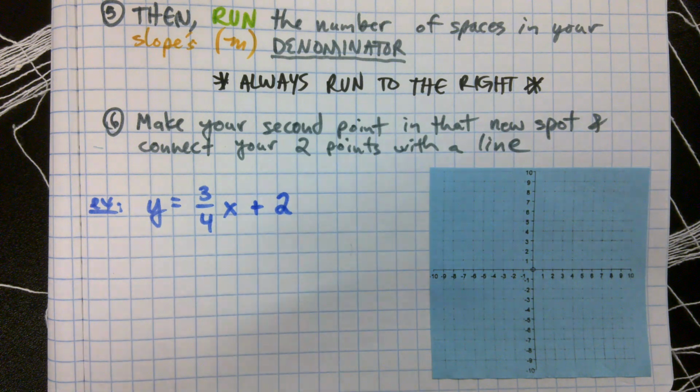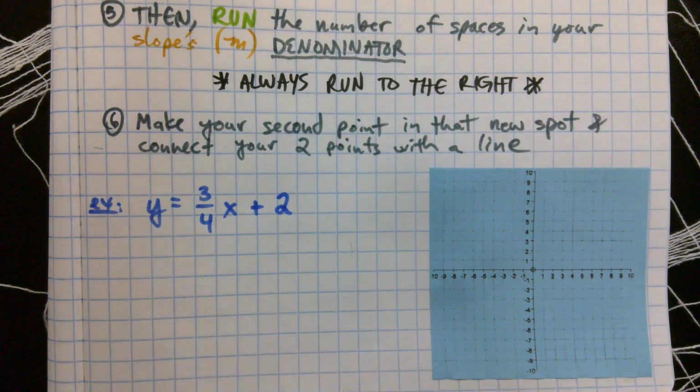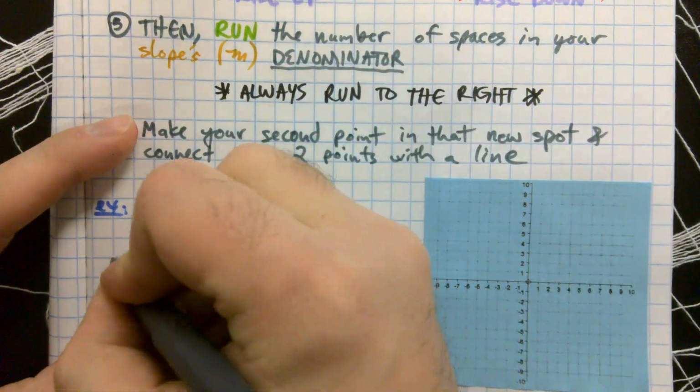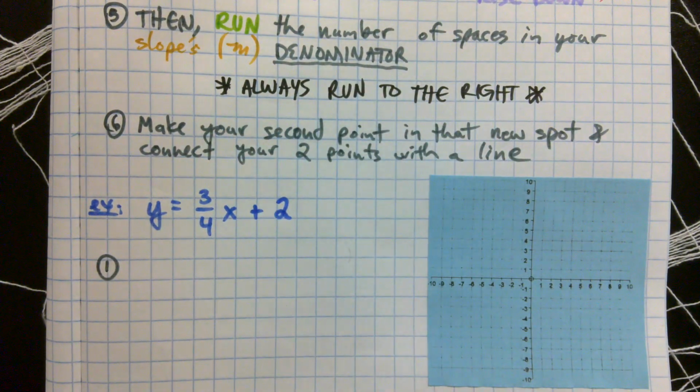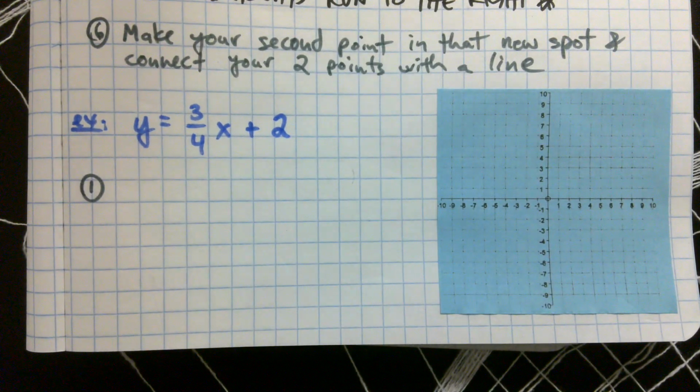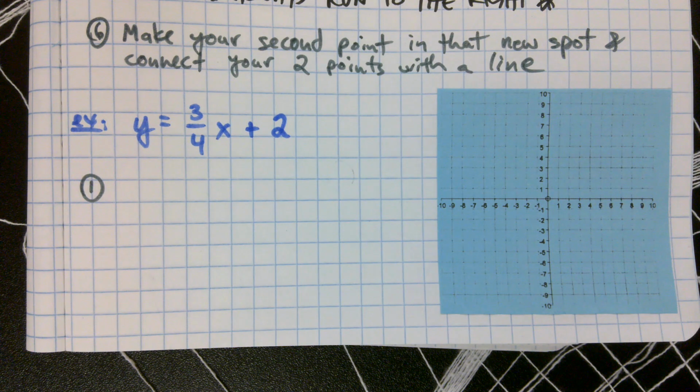Y is equal to 3 over 4x, or 3/4 x, plus 2. I'm going to move this down. There we go. So take a moment to glue that square in. Hold on to your second one. We'll glue that one in once we get through this example. It'll probably be on the next page for most of us.